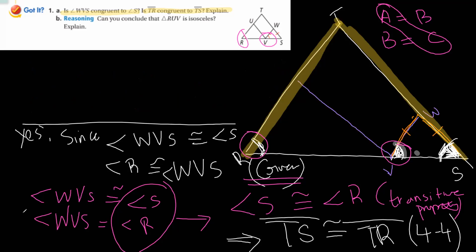Now, let's talk about B. In B, can you conclude that triangle RUV, this triangle, is an isosceles triangle?